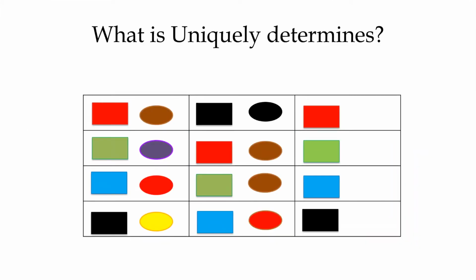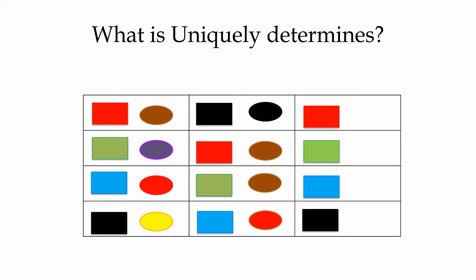You can see in the picture I have given different colored rectangles and oval shapes. In the first column you can see a red color rectangle, green color rectangle, blue color rectangle and black color rectangle. Now let us take the red color rectangle. The red rectangle determines a brown oval.